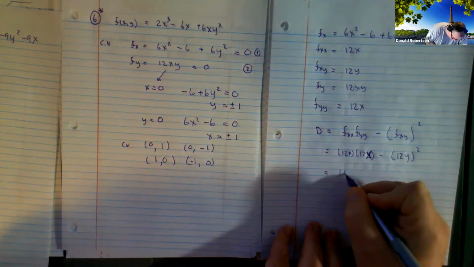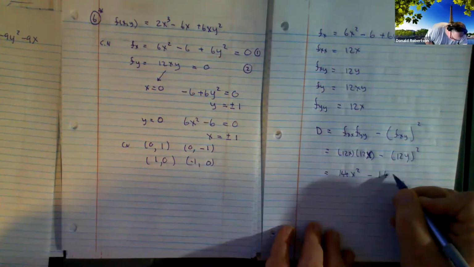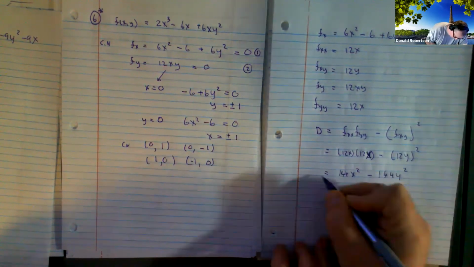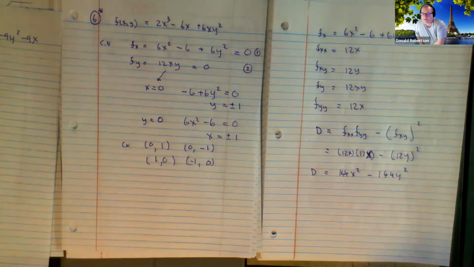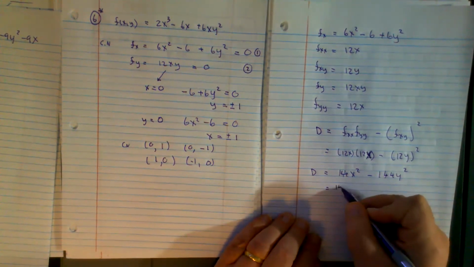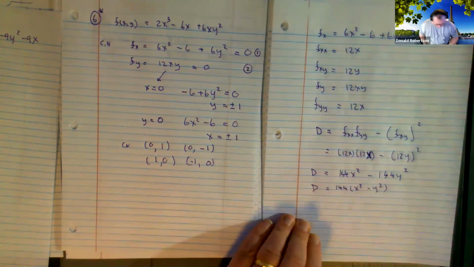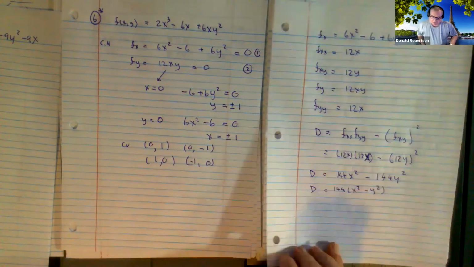So that looks like 144x squared, take away 144y squared. Does that look good? You know I make mistakes. Does that look good, guys? Yeah, but can we just call it 144 times x squared minus y squared? I probably would, because it looks pretty anyway, doesn't it? And for evaluation, that might be a little bit quicker.